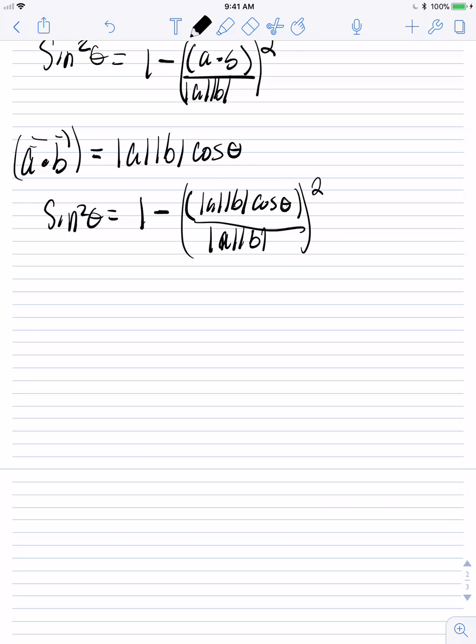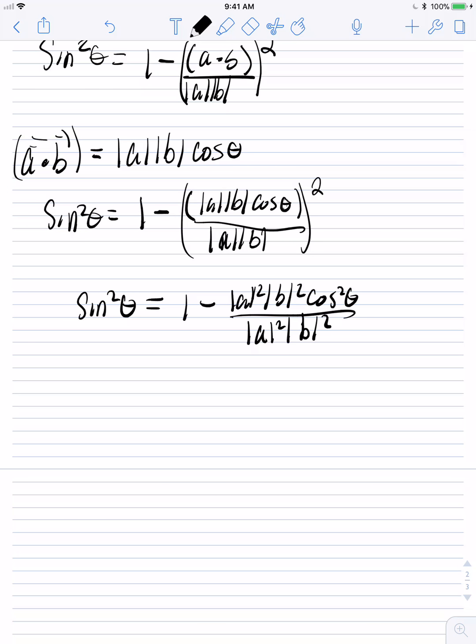So if we distribute that square back into our equation, we get 1 minus a squared b squared cosine squared theta over a squared b squared.